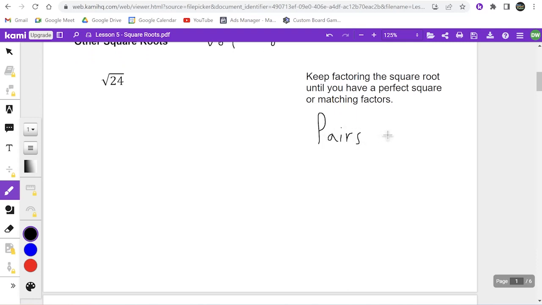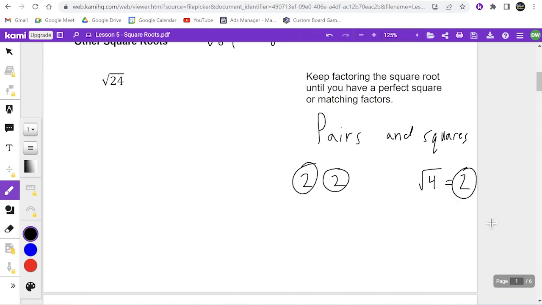So what does that mean? If I, for instance, have a pair of 2's, I'm going to circle them, and that comes out of the square root. Or if I have a perfect square, such as the square root of 4 equals 2, then that gets out of the square root as well. The only thing that gets out of the square root is pairs and squares.